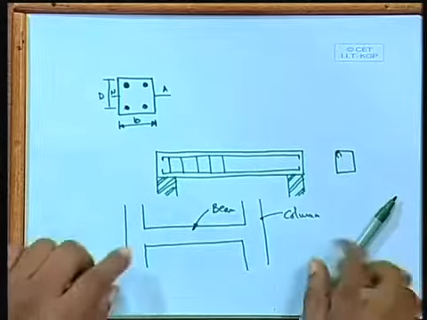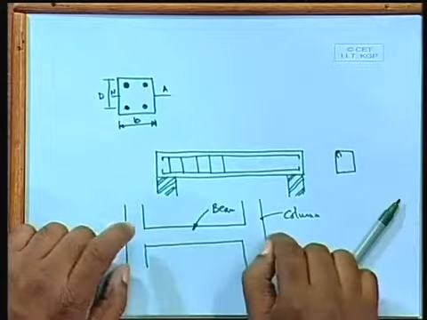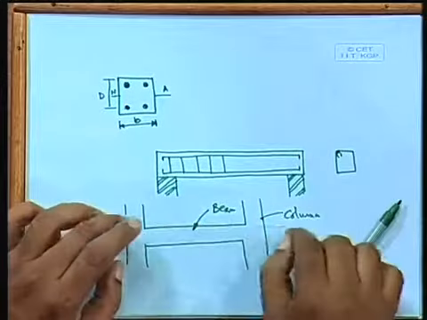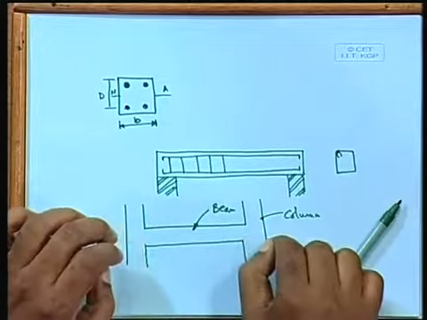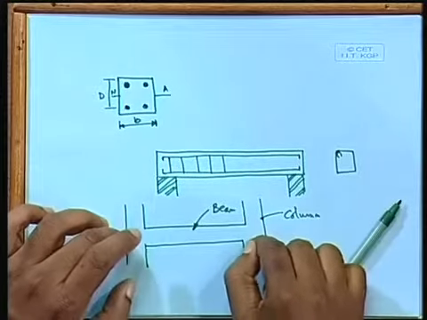I can consider this as a fixed case. So that means moment will be developed at the two supports. So you have to provide reinforcement in both supports. That means you have to design for the support moments also.